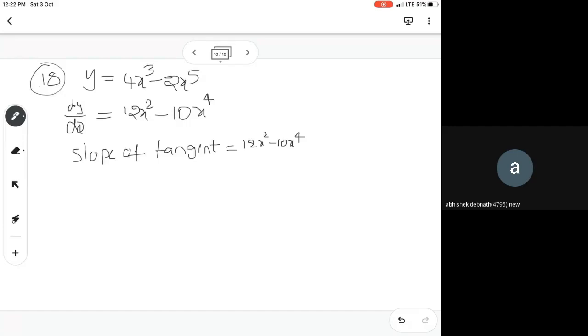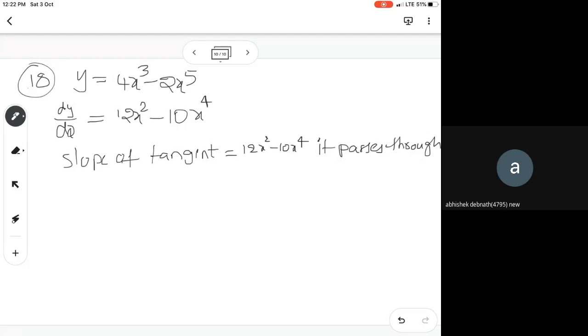So the tangent passes through the origin 0, 0.